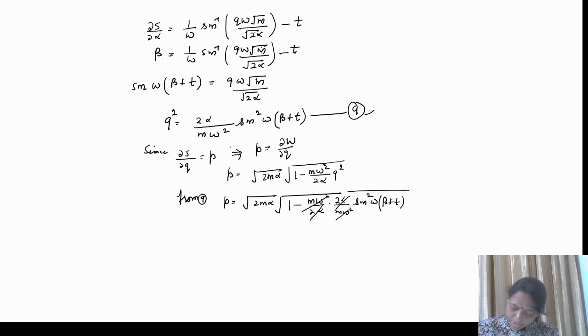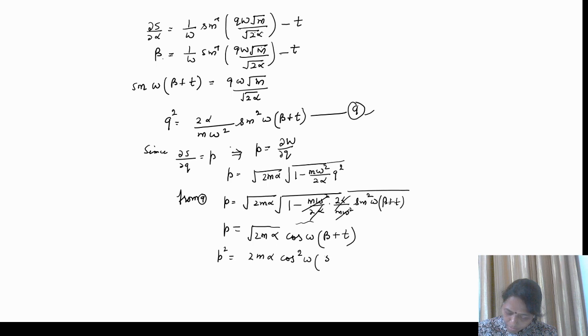These will be cancelled and you will get cos square omega. So finally P is root 2 m alpha cos omega beta plus t. Or you can say P square is twice m alpha cos square omega beta plus t. So these are certain relations.